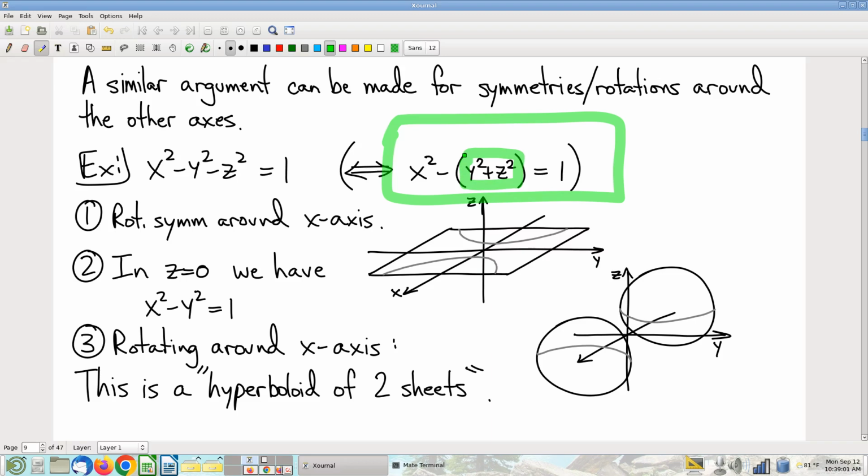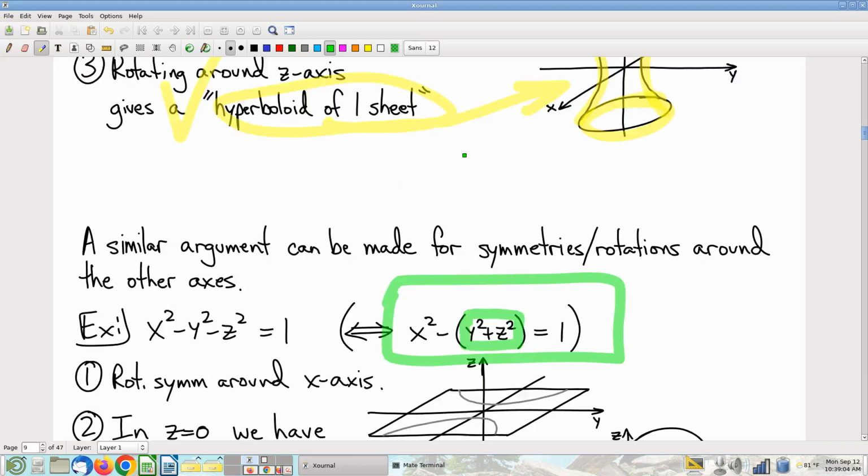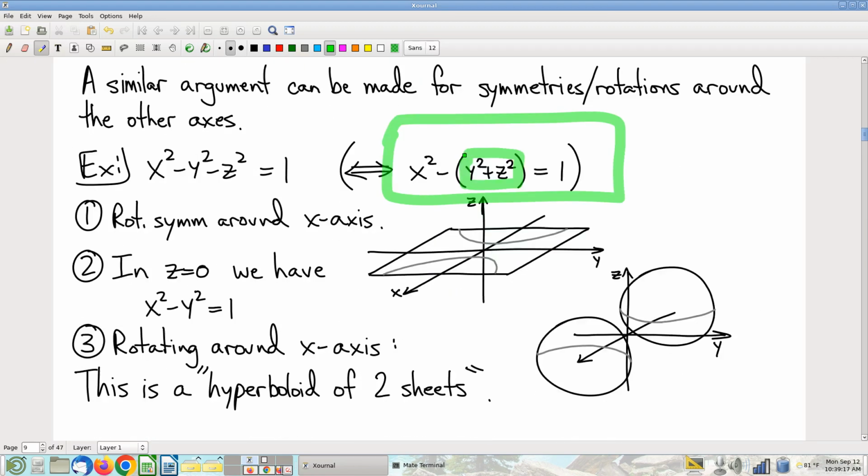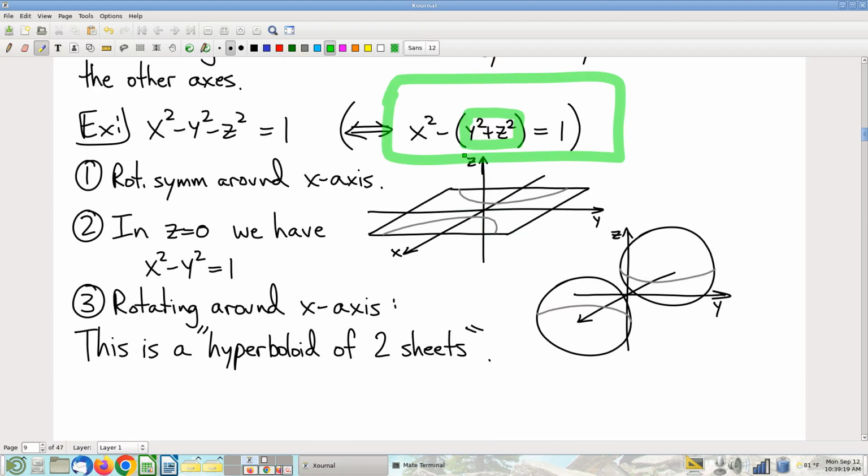And so you could imagine going back up to here and thinking about the argument, and this form is really talking about distance to an axis, and that distance is what's preserved when you rotate around that axis. You can kind of see it working out, and I think it's a good exercise to think that through on your own. But I assert that because y and z appear only as part of that special form, this is rotationally symmetric around the x-axis.